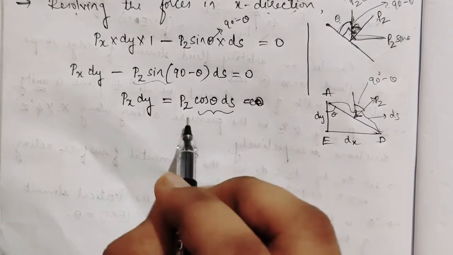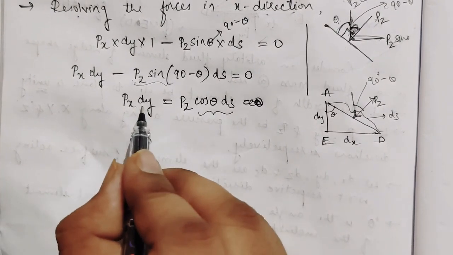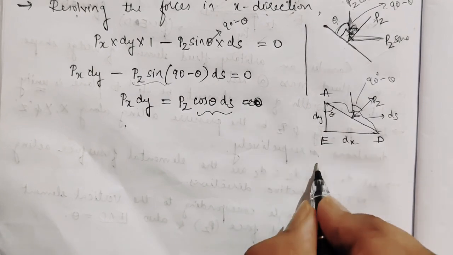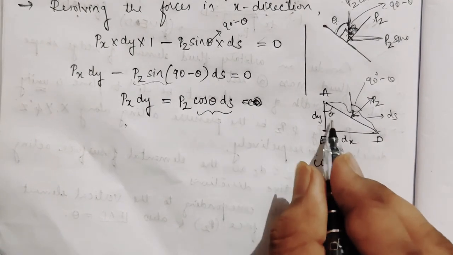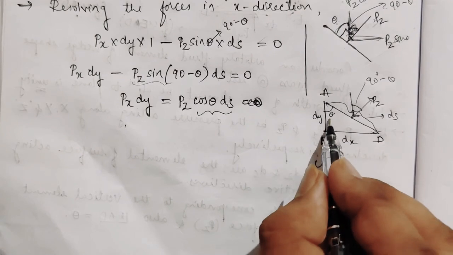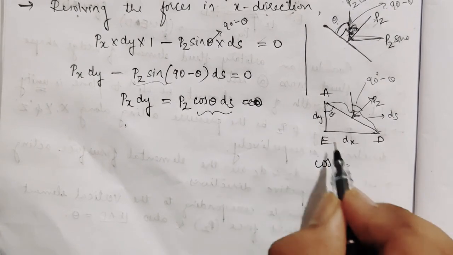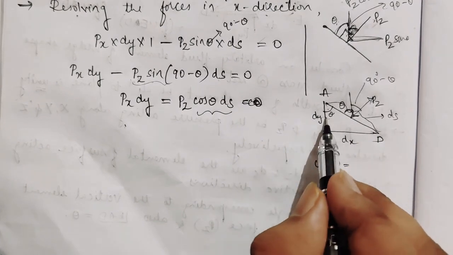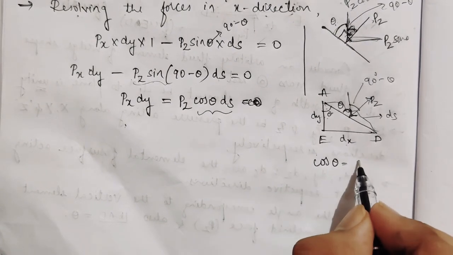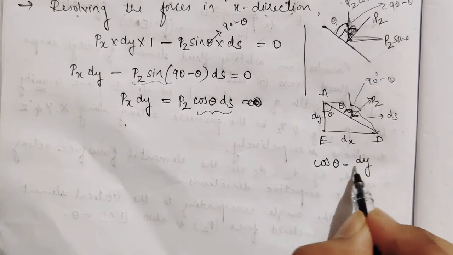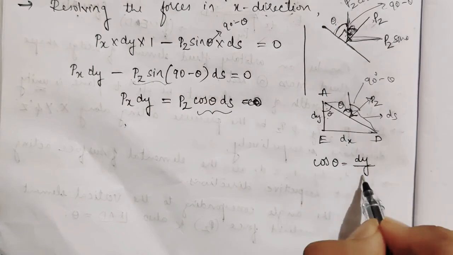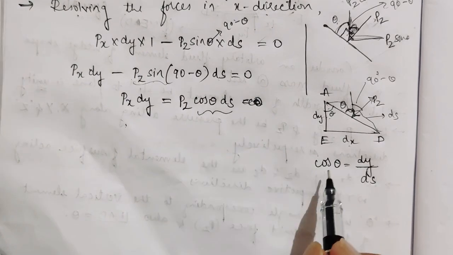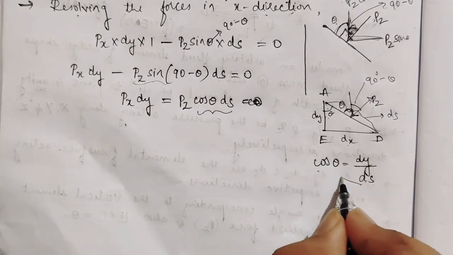Cos theta is adjacent by hypotenuse, so theta here and theta there are the same. Adjacent is dy, hypotenuse is ds.